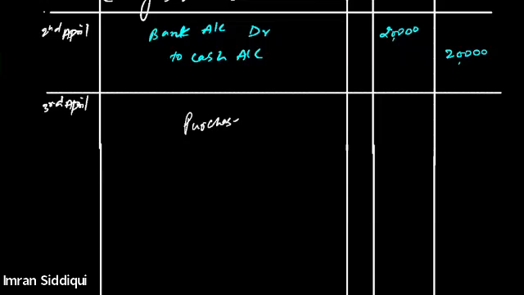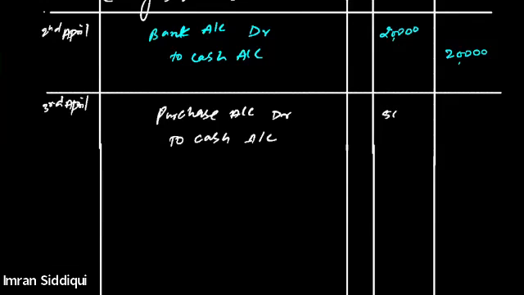Purchase of goods is an expense, right? And whenever an expense increases, we need to debit the expense account. So here the expense account is purchase account. So purchase account will be debited to cash account, because we are buying the goods for cash. The debit and credit values are 50,000.